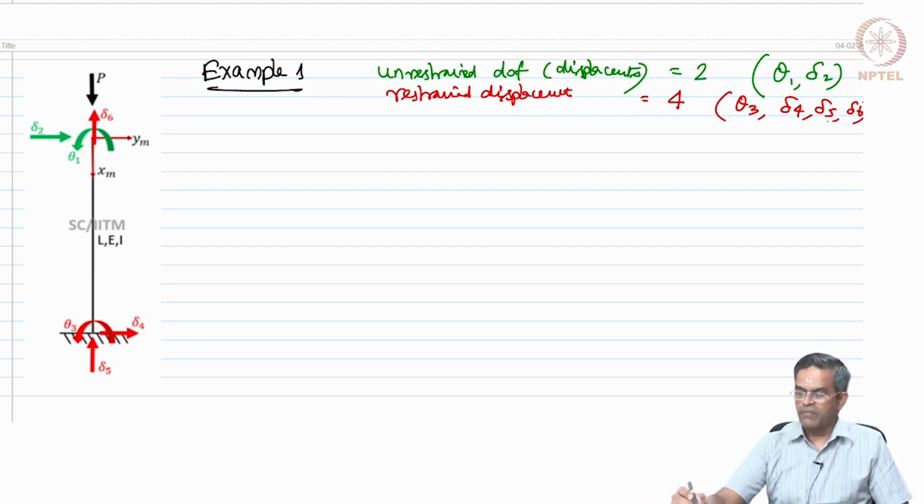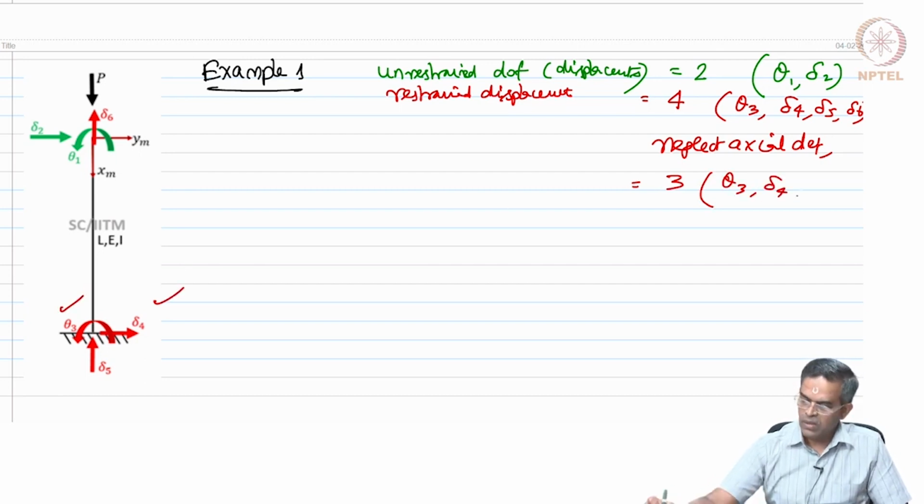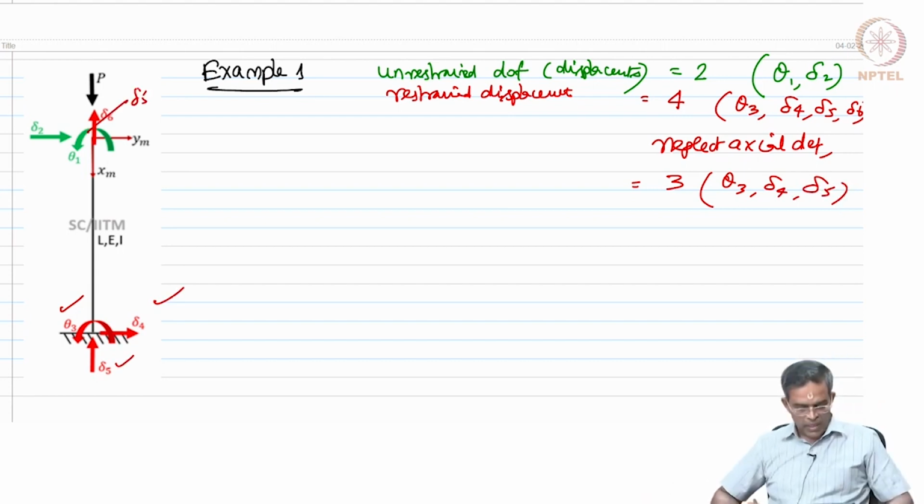Suppose if we neglect axial deformation, then restrained degree will be 3, which will be theta 3, del 4 and del 5, because this will also become del 5, this will also become del 5. I am neglecting axial deformation. Okay.